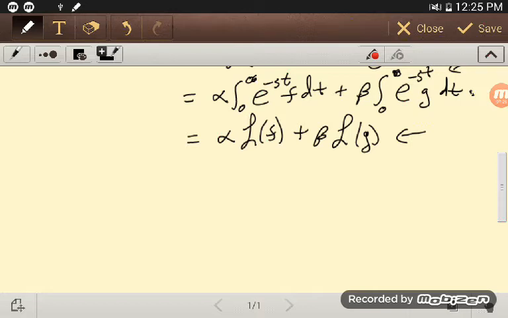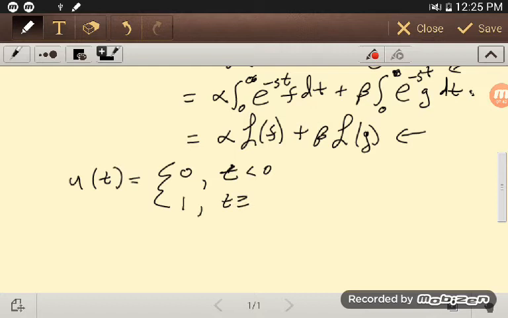So we have a very simple piecewise function. We define u of t to be this unit step function, where it's 0 as long as t is less than 0, and then it's 1 when t is greater than or equal to 0. If you're looking at a plot, it's coming along here, open circle at t equals 0, and then jumps up to 1 and goes out that way.